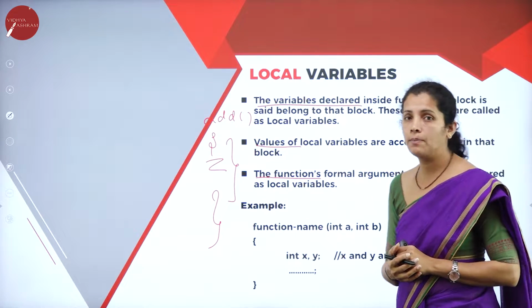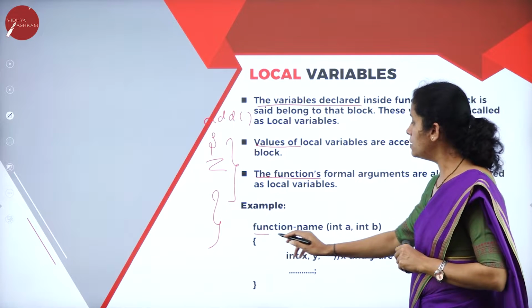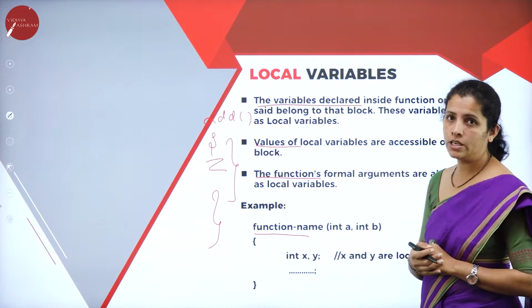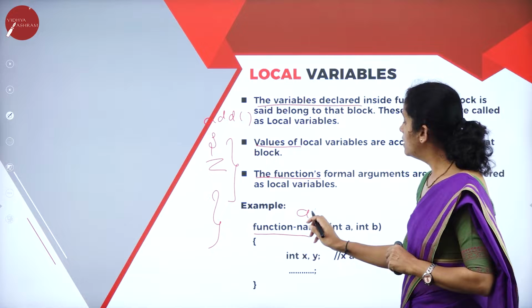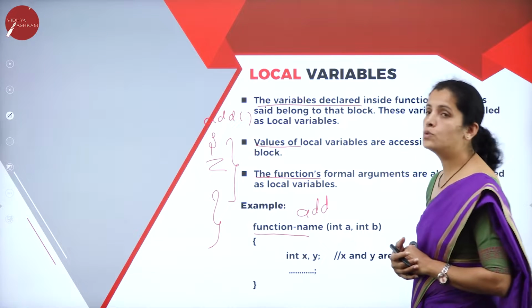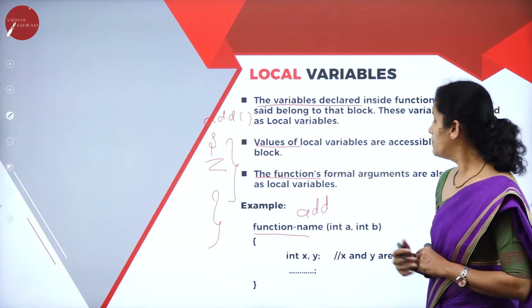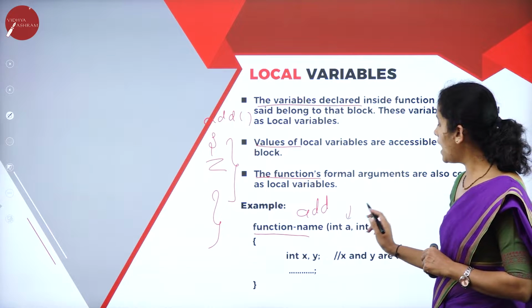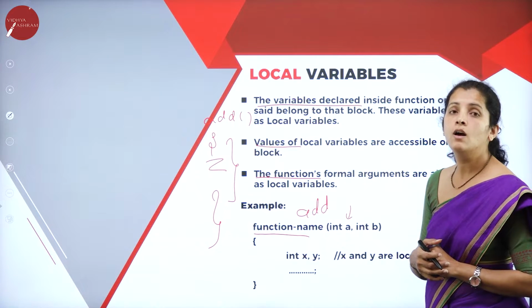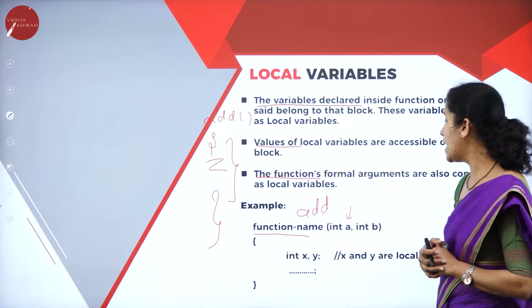So this is the example I'm having. Here I specify the function name, for example, I'll write add. This is the user defined function. Now it's going to have 2 formal arguments, that is a and b.